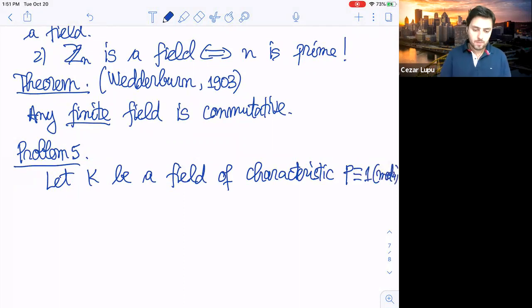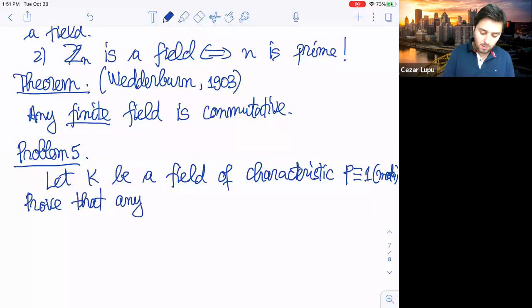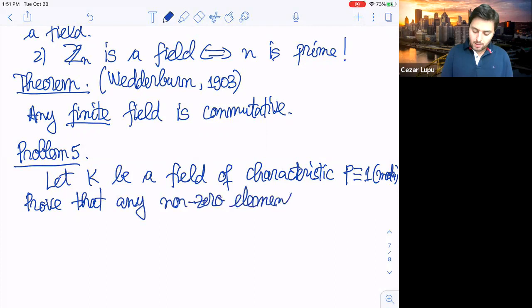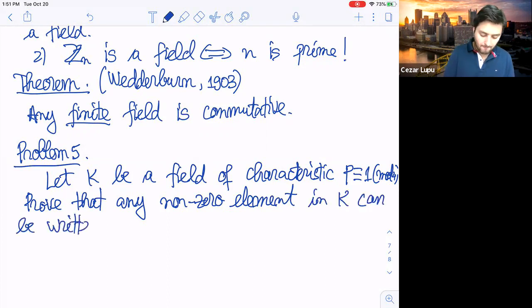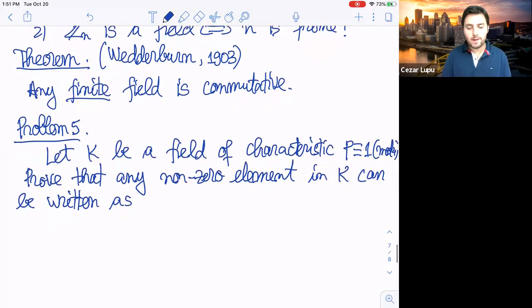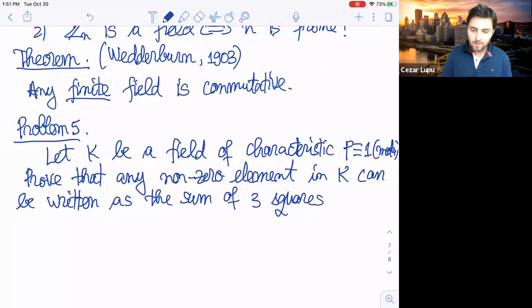Prove that any non-zero element in K can be written as the sum of 3 squares of non-zero elements as well.